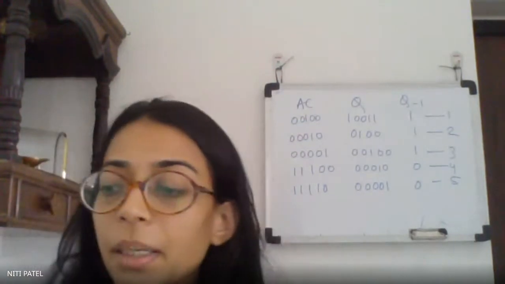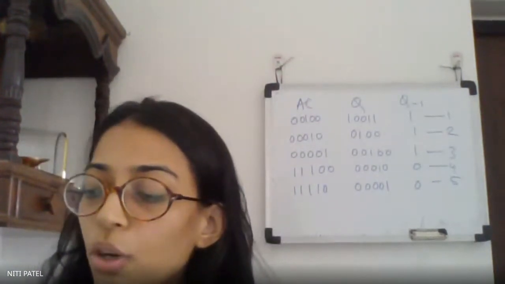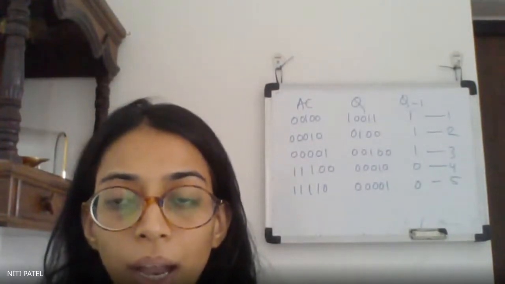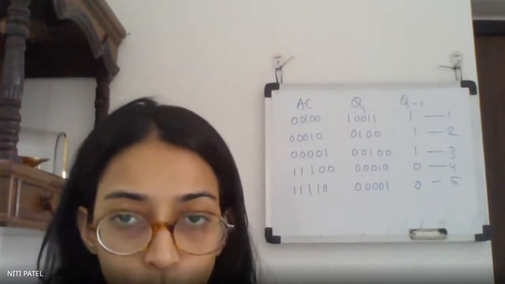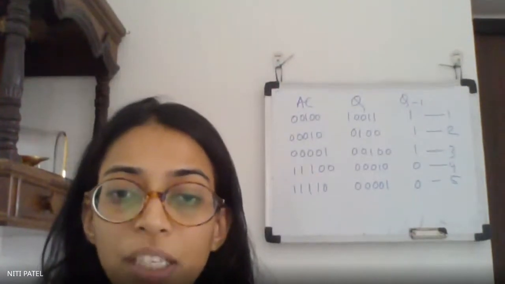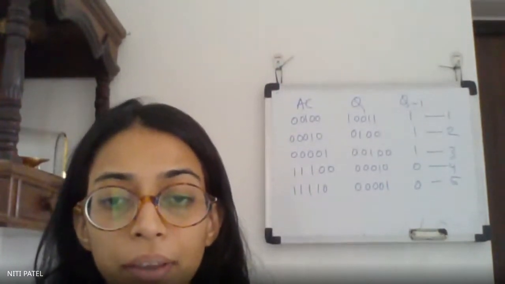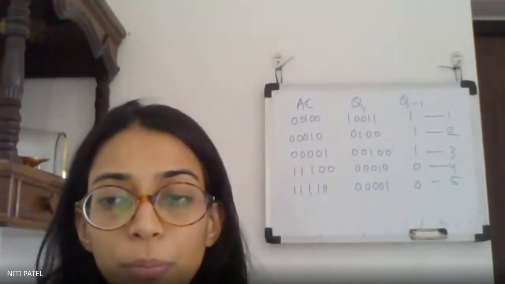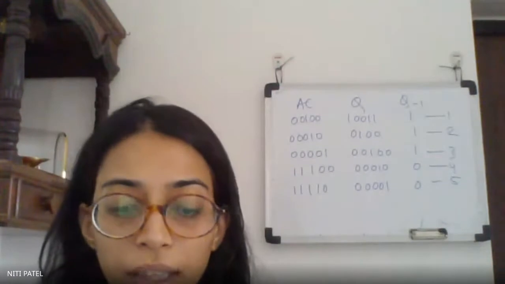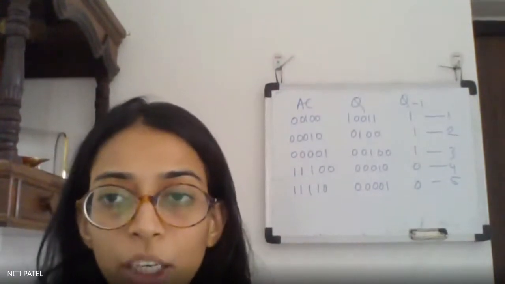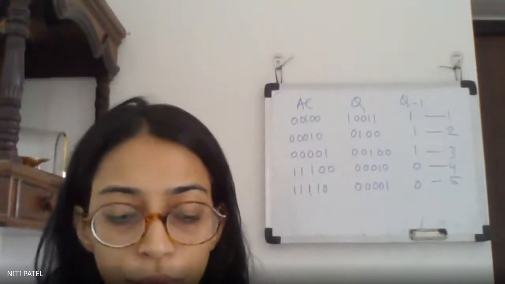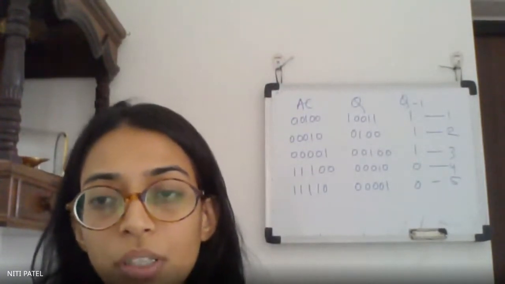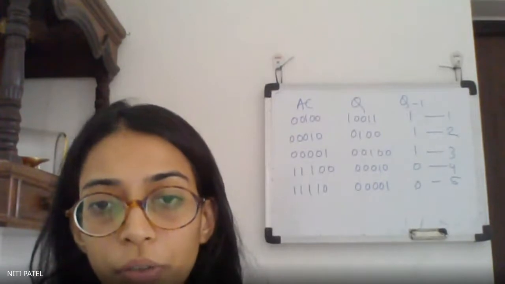So is binary multiplication, Booth's algorithm, understood to everyone? I repeat again, in Booth's algorithm, it will always be asked in the exam either to draw the flowchart and explain, or it will be a sum where you are supposed to solve and find the answer. You might get a question where both numbers are positive, both negative, or one positive and one negative.